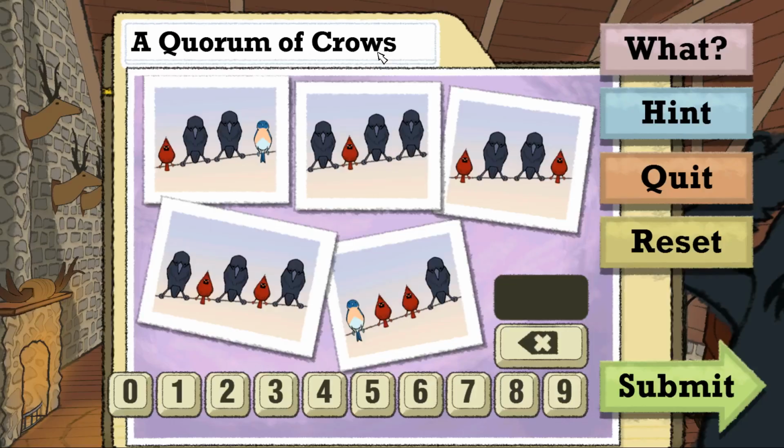Because by that logic, we can just slap the 2 onto the ends. Which means that if the start of each one is crow, then that means it ends in crow, so it could be cardinal, crow, crow, and then cardinal, crow, cardinal, crow.